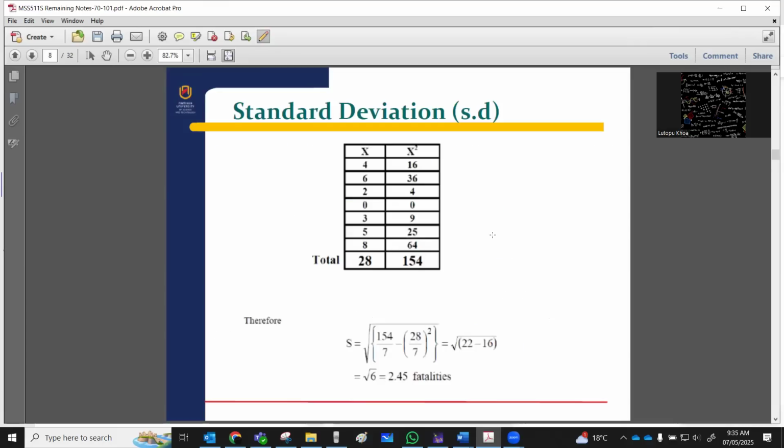Okay. So now we want to look at an actual example of how to work out the standard deviation. So let me copy this.